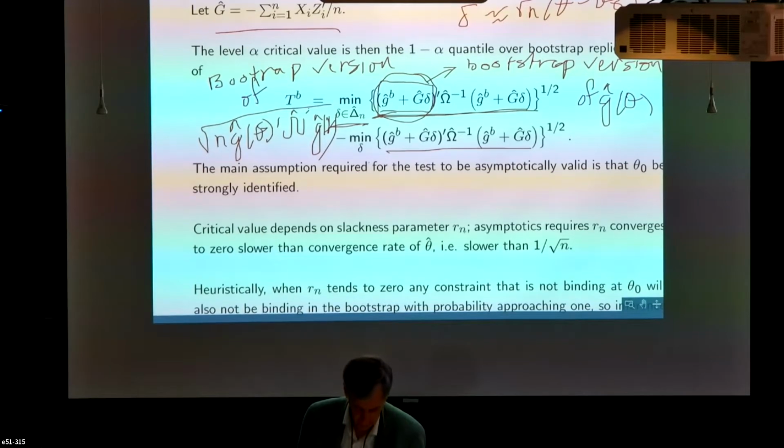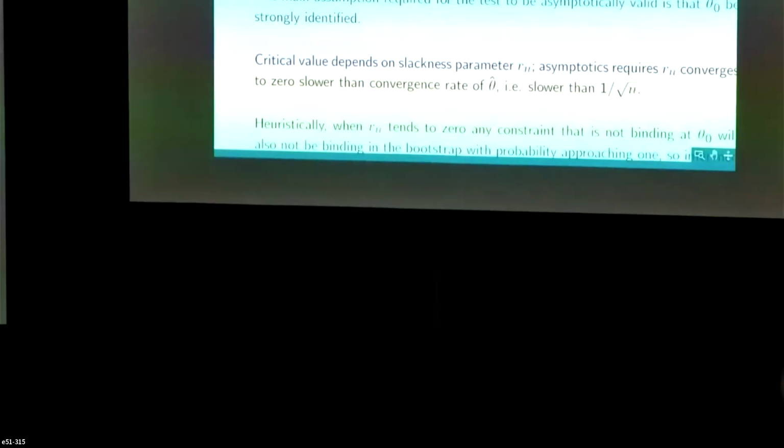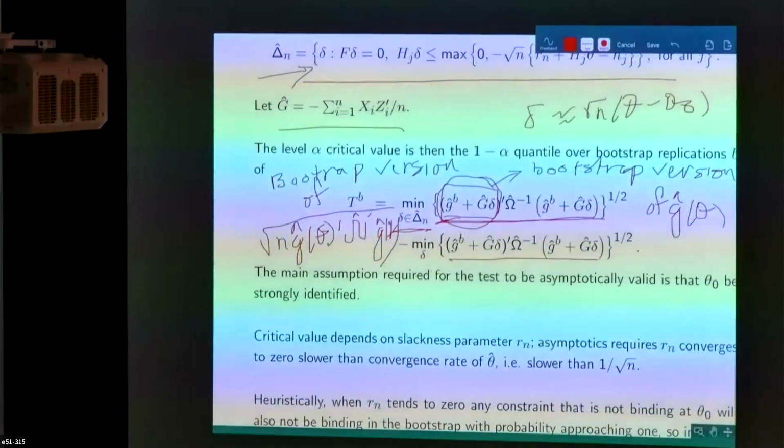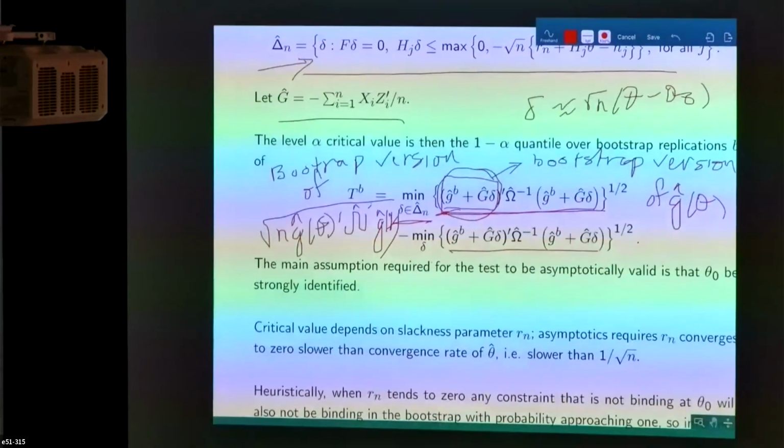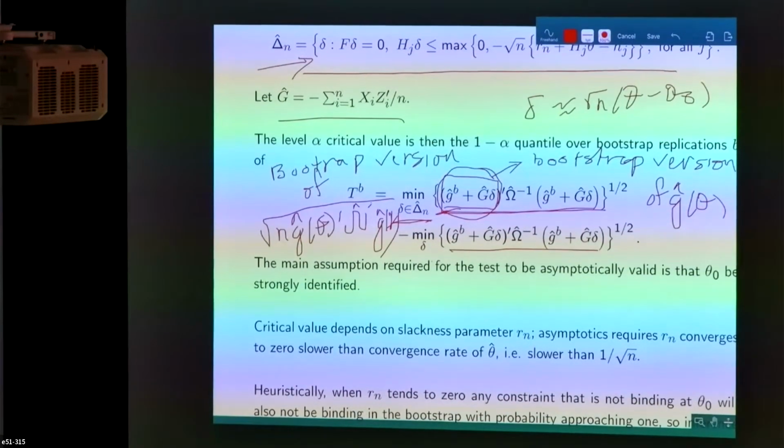and compare that with the minimum over the unrestricted parameter space, and then look at the distribution of that. So it has nothing like a chi-square distribution because of the inequality restrictions. Okay, we're depending on the bootstrap producing the right distribution.